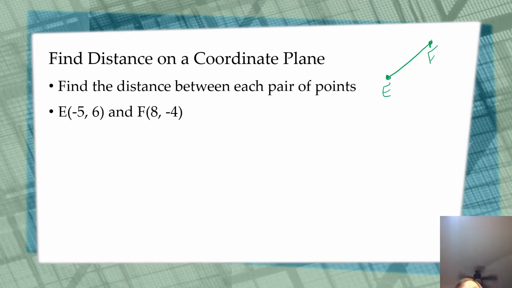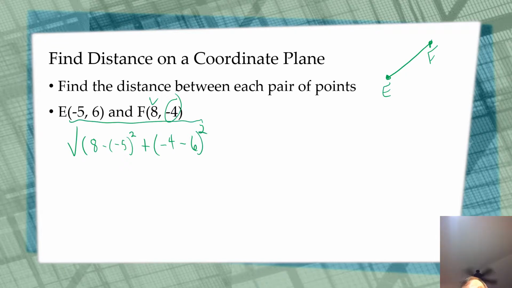Well, we're going to take the square root of X2, that's the second one I see, 8 minus negative 5 squared plus Y2, negative 4 minus 6 squared, and we're going to take the square root of all of that.